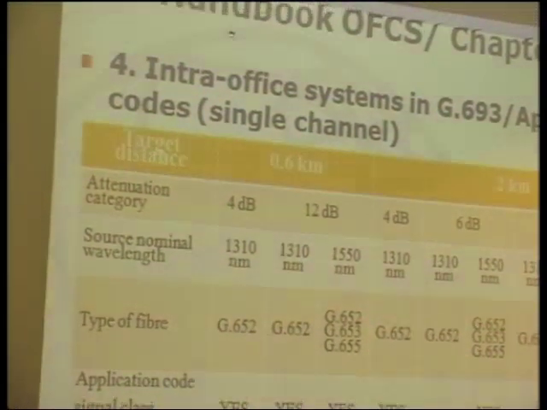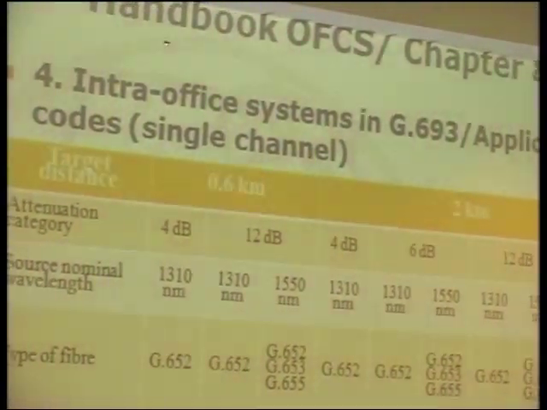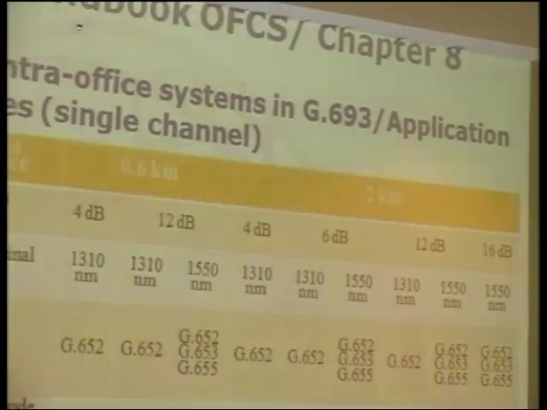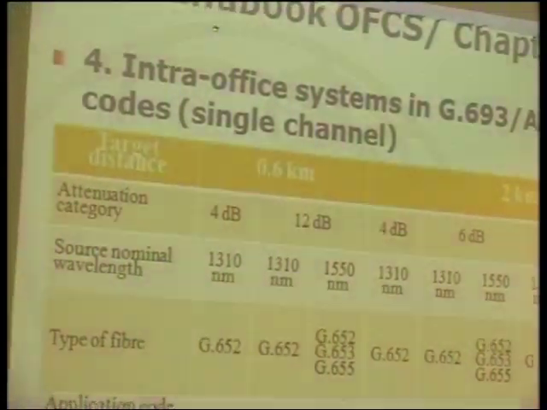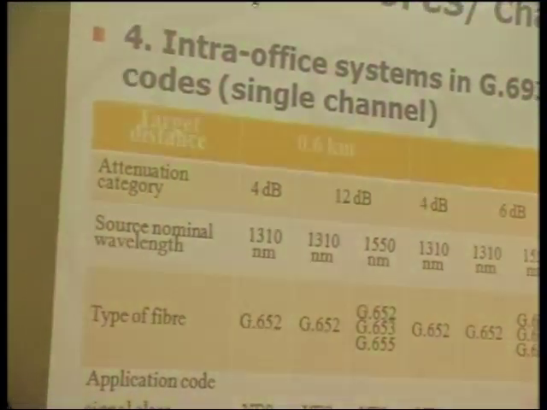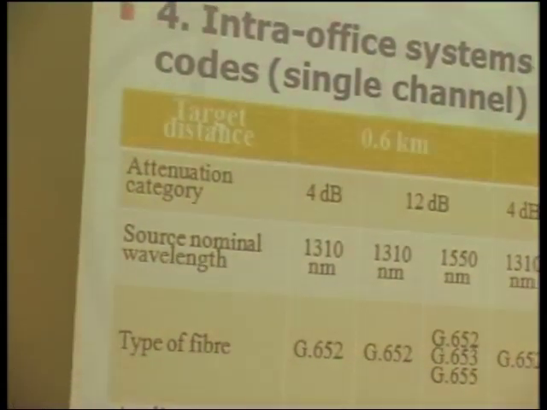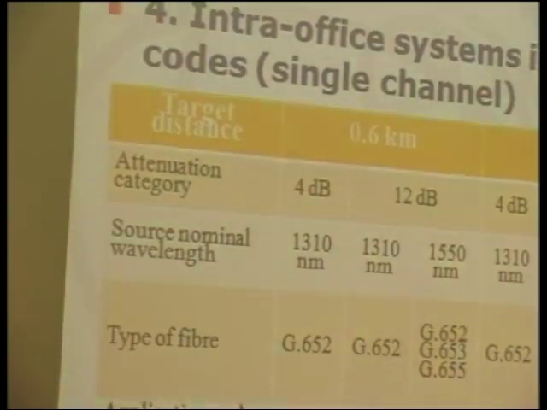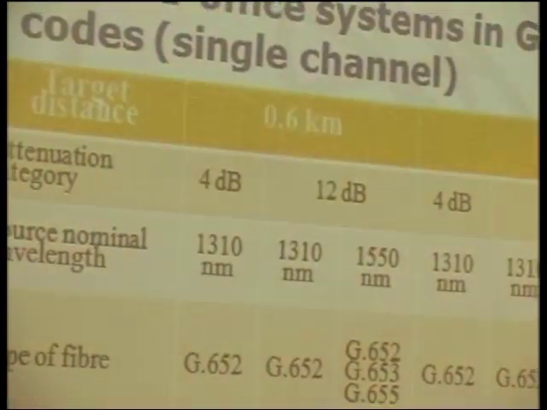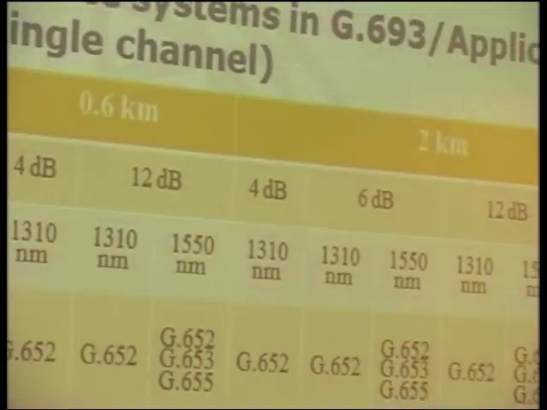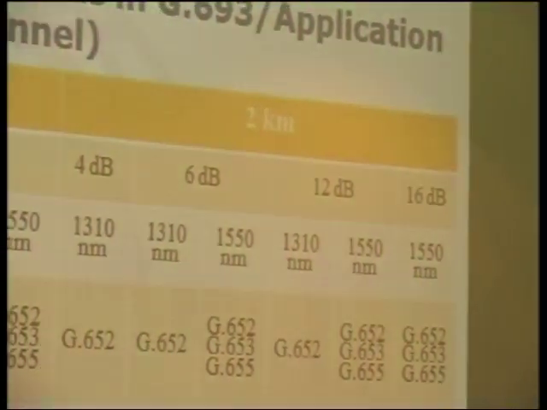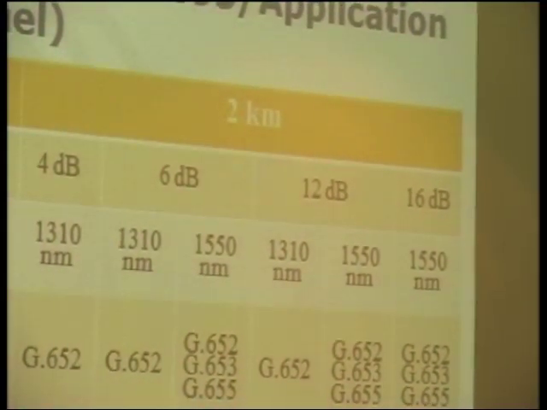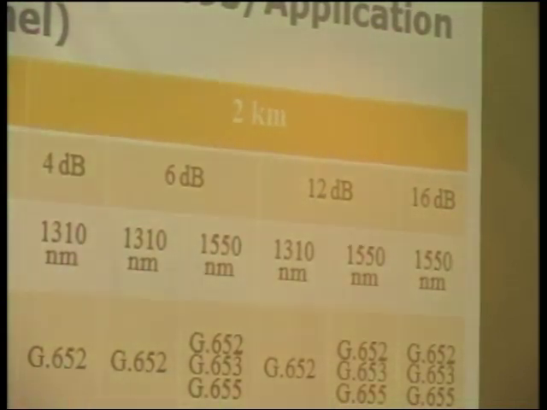The first target distance applies to systems in the same building. I am going, for example, from the 3rd floor to the 5th floor of a central office. Distances up to 2 kilometers are normally intended for inter-building links, which means I have a central office which is spread over different buildings in the same environment, and I connect them with a short piece of fiber.